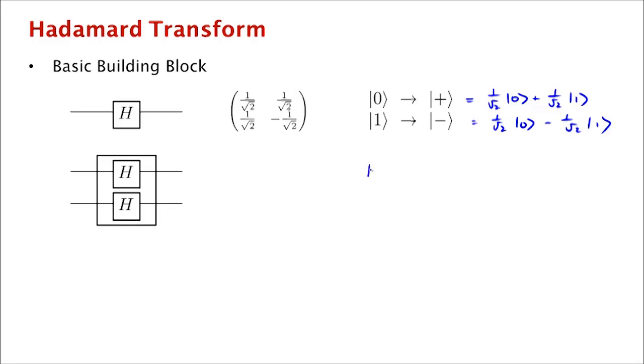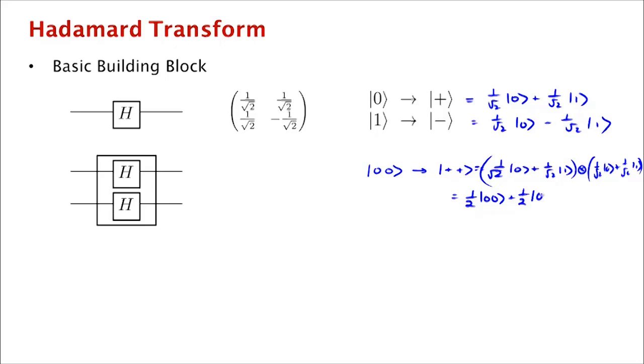Well, of course, 0, 0 would get mapped to plus plus, which is 1 over square root 2 of 0 plus 1 over square root 2 of 1, tensored with 1 over square root 2 of 0 plus 1 over square root 2 of 1, which is just 1/2 0, 0 plus 1/2 0, 1 plus 1/2 1, 0 plus 1/2 1, 1.